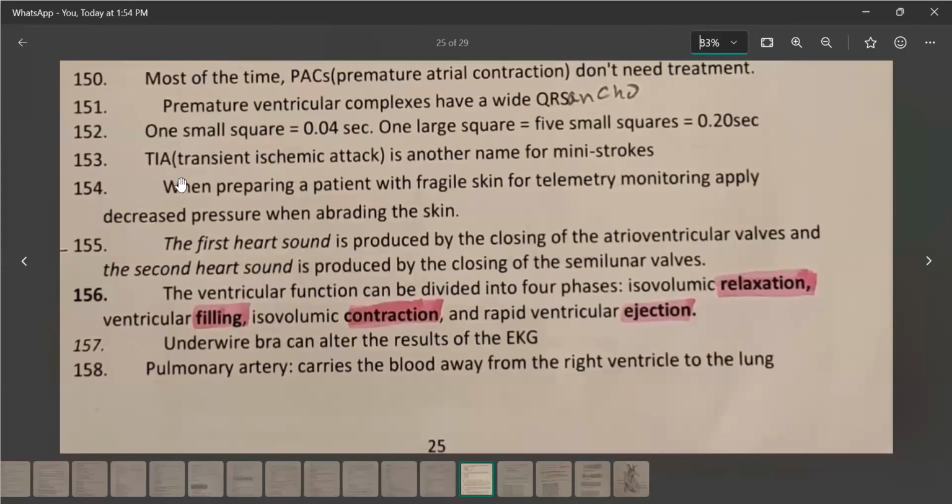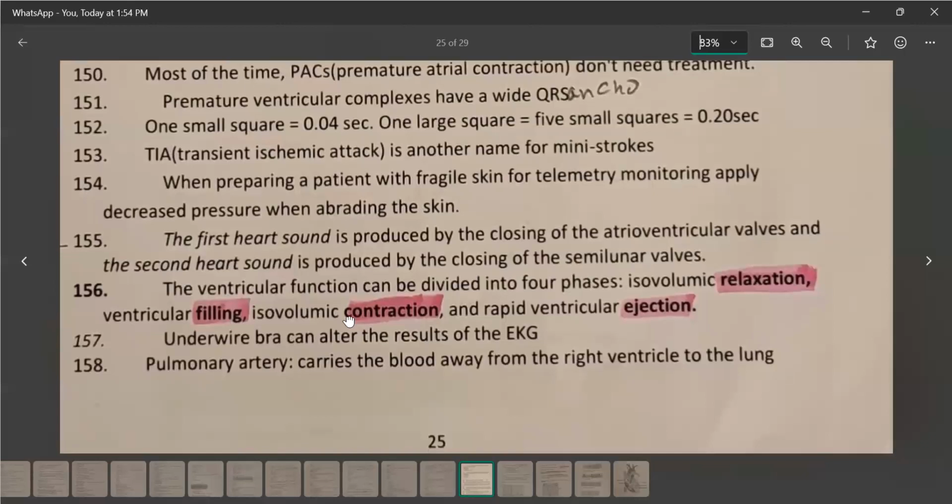153, TIA, transient ischemic attack, is another name for mini strokes. When preparing a patient with fragile skin for telemetry monitoring, apply decreased pressure when abrading the skin. The first sound is produced by the closing of the atrioventricular valves, and the second sound is produced by the closing of the semilunar valves. 156.